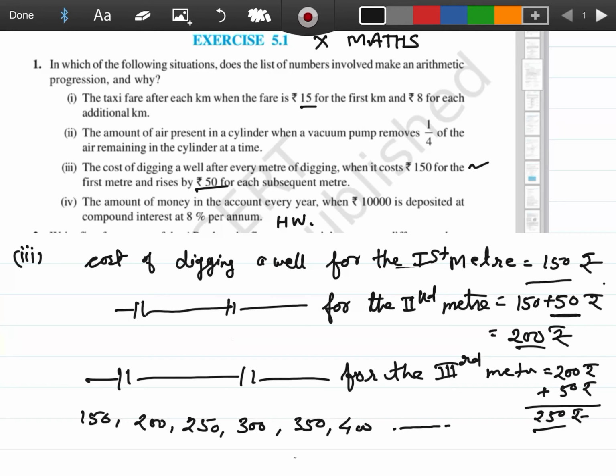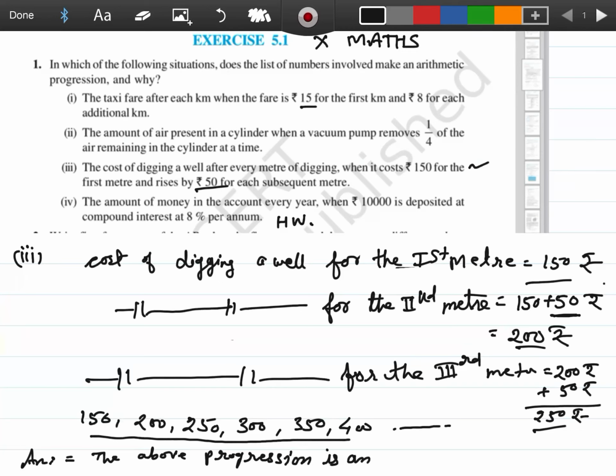So we can say that this progression is an arithmetic progression, because the difference between each consecutive term is the same, or the common difference is the same.